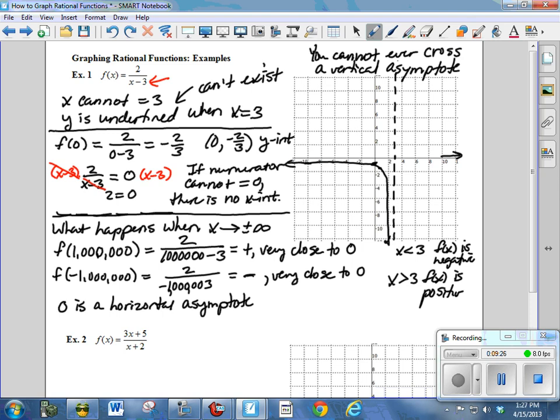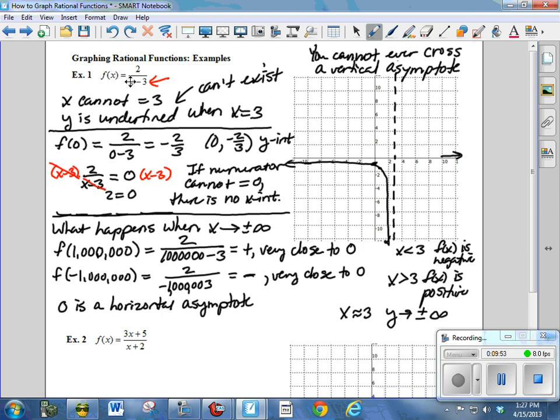Now, if we pick a number really, really close to 3, x is approximately 3, then y is going to be positive or negative infinity. Because when x is 3.0001, we'd have 2 over 3.0001 minus 3.